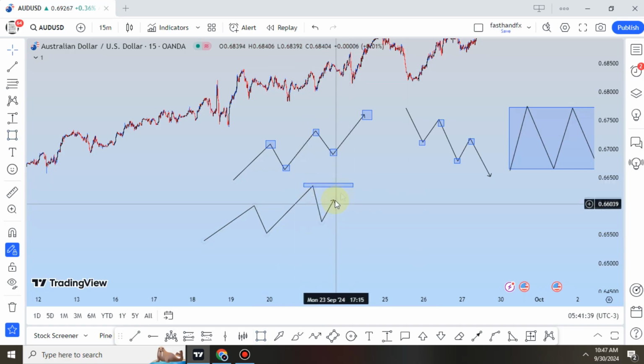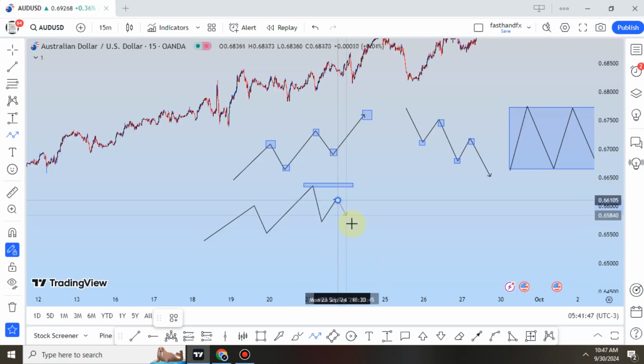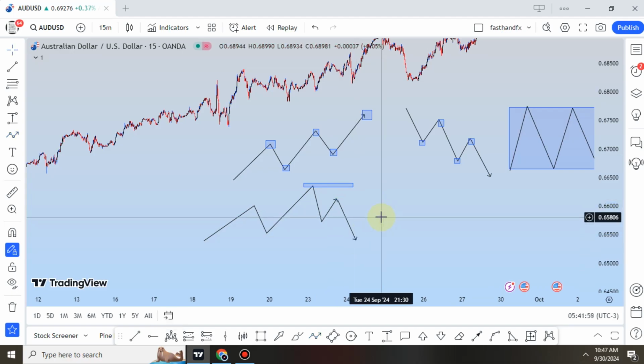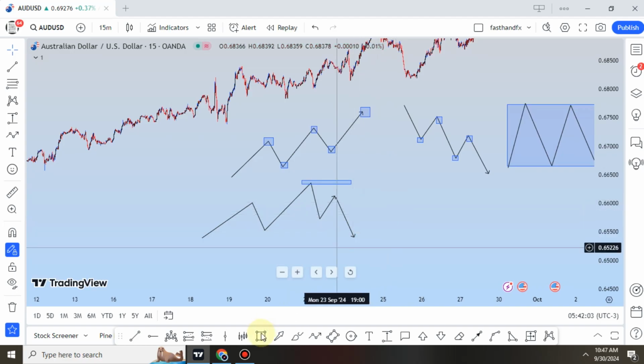Now instead of price going back and breaking out of this high, you see price coming back right there, and then price starts to reverse. In the process of reversing, price takes out the previous low, the previous higher low, something like this. That is a sign that the market trend is reversing, or there's a shift in market direction.